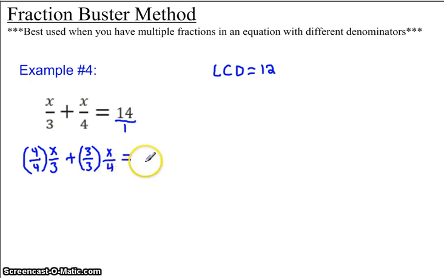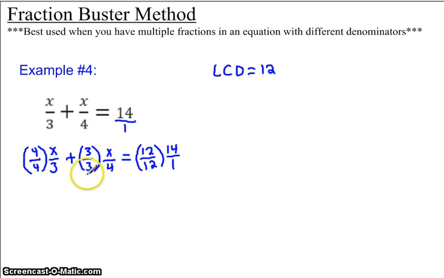I also need to multiply the 14 by something to get it over 12. The only way I'm going to do that is by 12 over 12. So we're going to get some big numbers on that side, but that's okay.